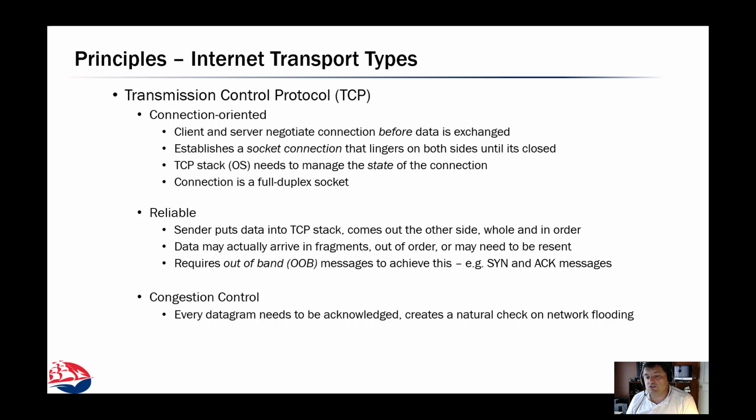The exchange of messages also tends to create natural congestion control. The TCP stack will only send so many chunks of data at a time before the remote endpoint can acknowledge. So if I send a whole slew of data, I'm going to have to eventually stop and wait to make sure that the remote got the data. Then once the remote sends the acknowledgement message, I know I can send more data.